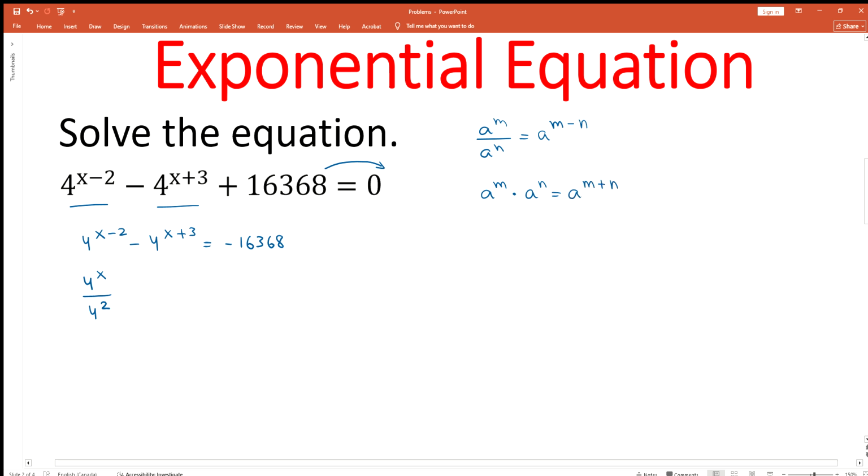We need to use this law for the term 4^(x+3) because in this term the exponents are being added, not subtracted. So we can break up the term 4^(x+3) as 4^x times 4^3. The base stays the same.